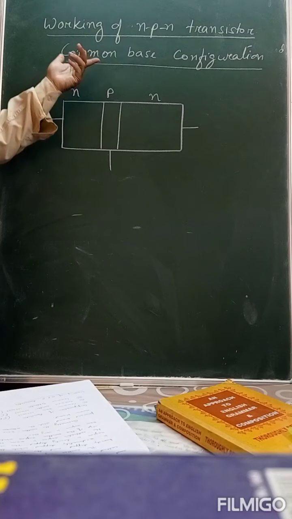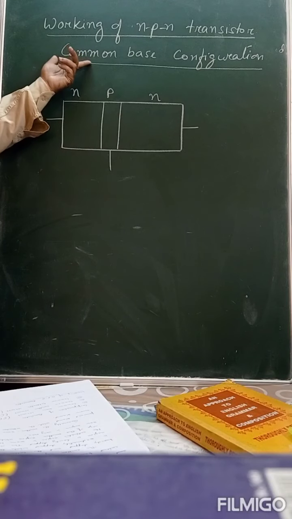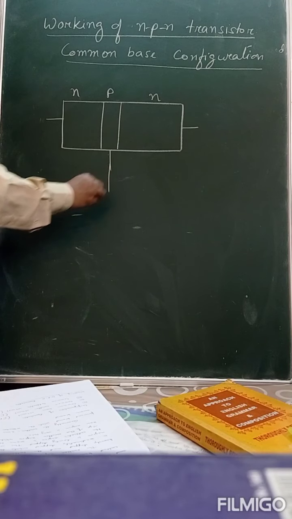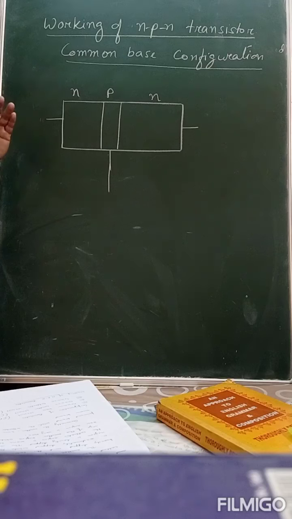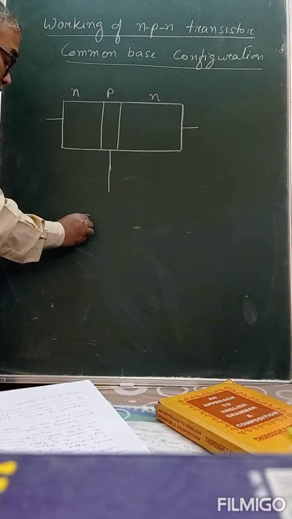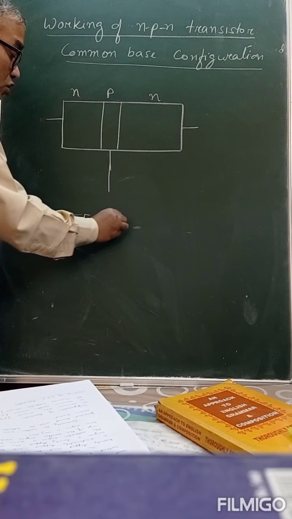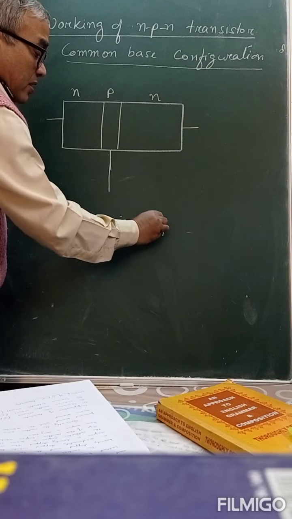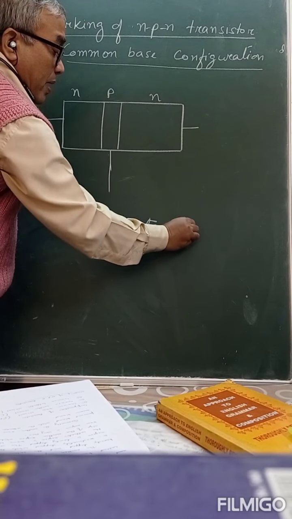Out of the three configurations, in this particular case we take the common base configuration, so the base has to be taken common. Since the emitter emits the majority charge carrier, the emitter base junction is forward biased.